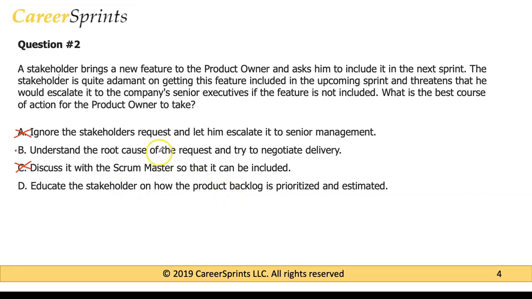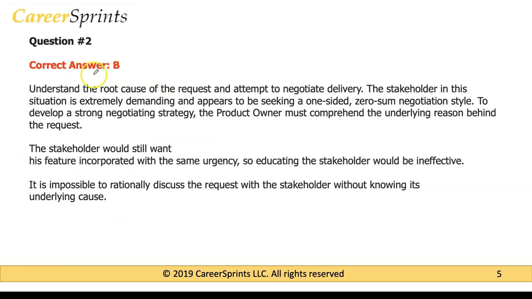It would be a better strategy to understand why the stakeholder is behaving in this way, why the stakeholder wants the feature to be included in the next sprint, and then try to talk through with the stakeholder and try to negotiate the delivery of this feature. So that would be a better choice to make. So option B is going to be right and option D is going to be incorrect. So when you go to the next slide, you can see the correct answer is given and the explanation is given, so you can just read through that.